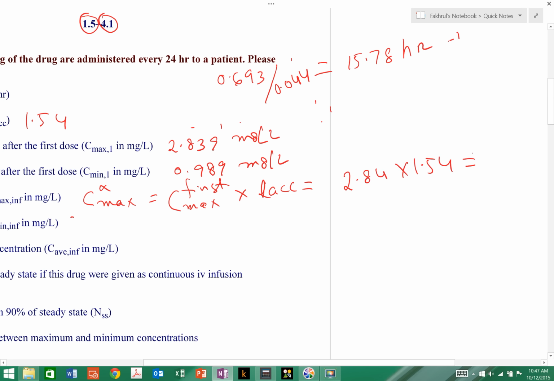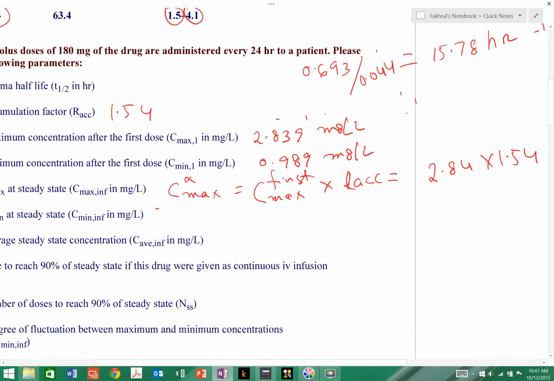So this should give you a Cmax at steady state. I think it is 4.37. Again, I am not using the calculator because it takes a long time, and then the video becomes very large. It's hard to post.